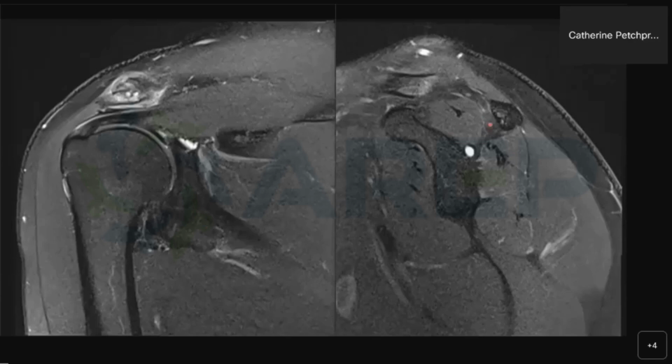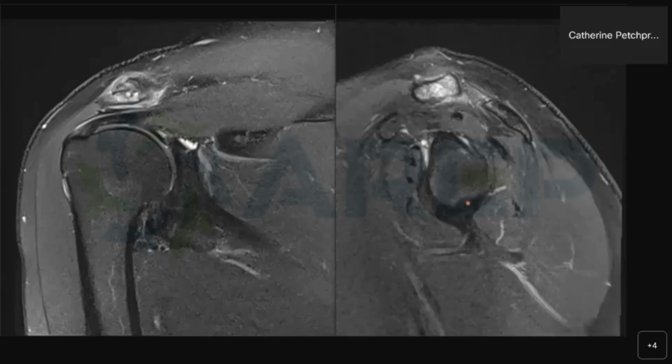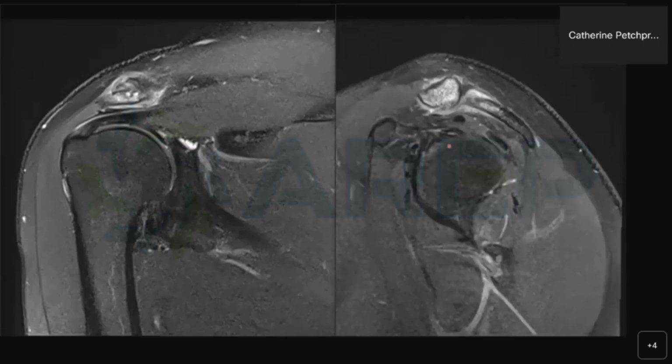On the coronal oblique image, we can see the beginning of the posterior superior cyst and the fluid signal in the subjacent labrum. We can follow this signal into the biceps anchor.